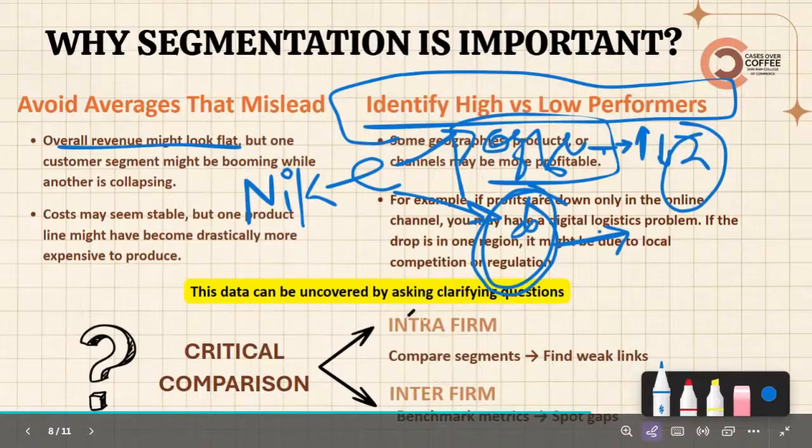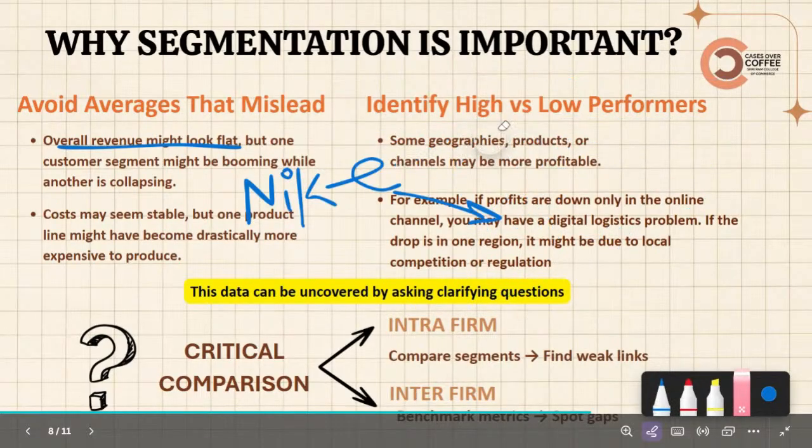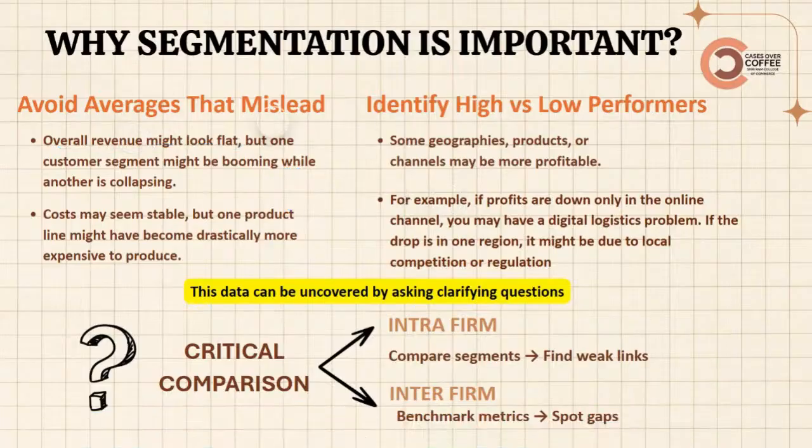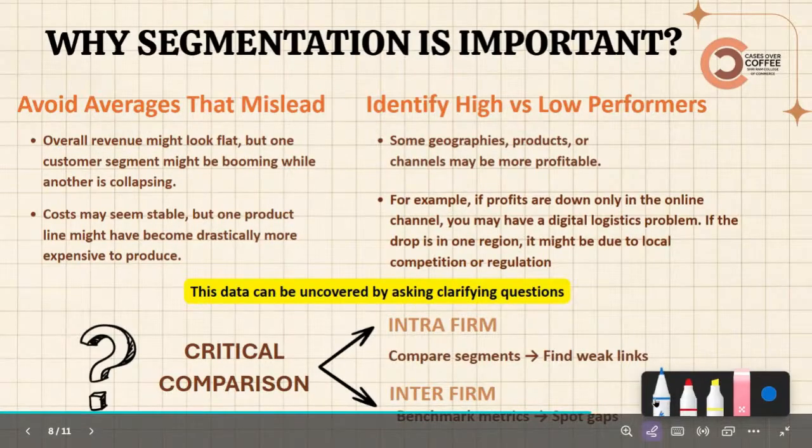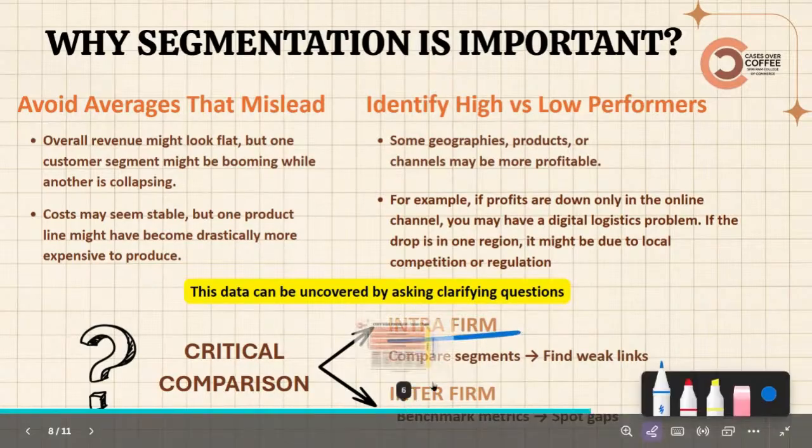Secondly, moving forward, we can get clarity about the data by asking questions of the interviewer in order to find out where the actual problem lies. Moving forward to the critical comparison, we do this sort of analysis in order to find the problem at the gaps.